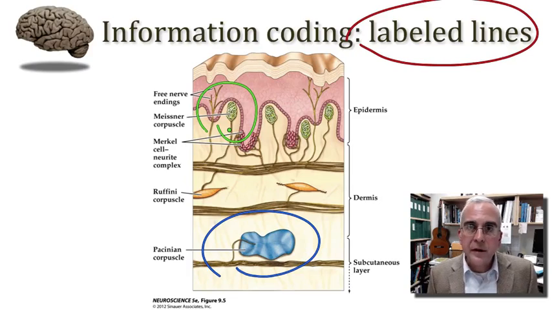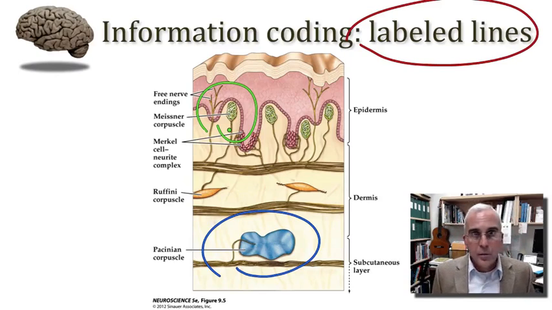So the selectivity of the different axons that terminate in these receptors is really determined by the specializations we see at their terminal endings. And the fact that different axons are associated with different types of receptors implies that there are parallel channels that transmit various submodalities of sensation from the peripheral surface back towards the central nervous system.